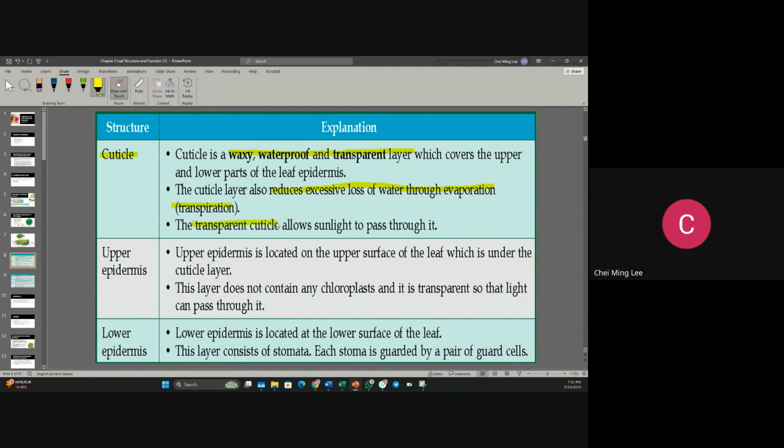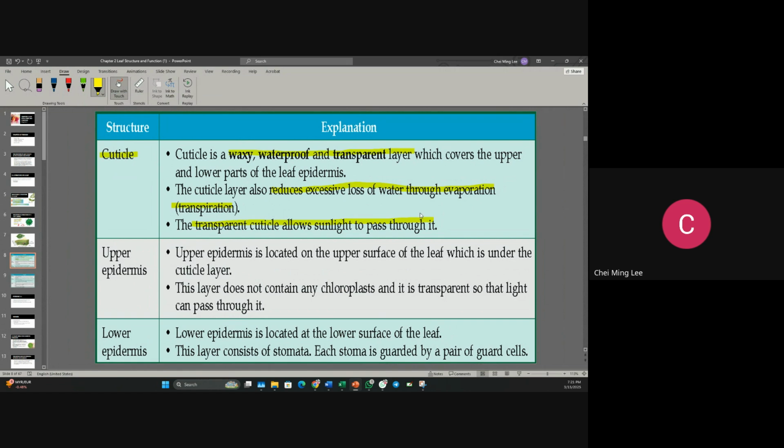This transparent cuticle allows sunlight to pass through it. So the main idea of the cuticle is mostly waterproof. The other two are waterproof and transparent: transparent for sunlight to go in for photosynthesis, and waterproof to avoid too much water evaporating out.